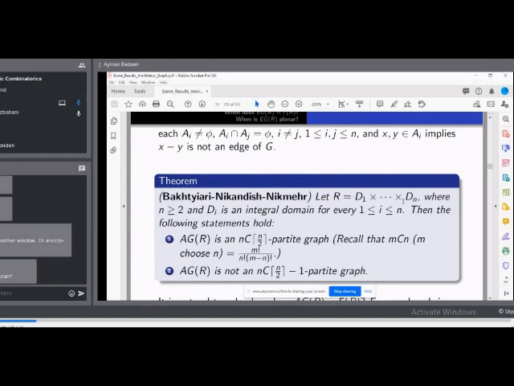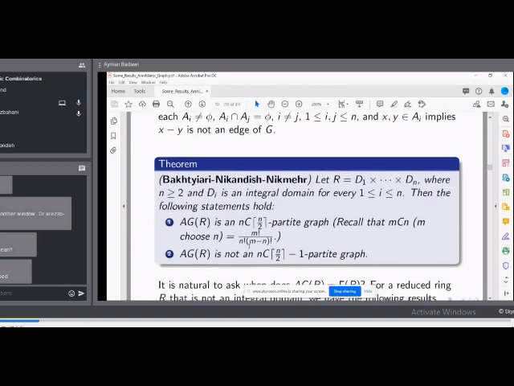So if your ring is a product of integral domains, like D1 through Dn, and all of them are integral domains, then the annihilator graph will be a complete n-partite graph. Of course, here choose the ceiling of n over 2 partite graph. This is a nice result. So you have a structure for the annihilator graph. n choose the ceiling of n over 2. Okay?